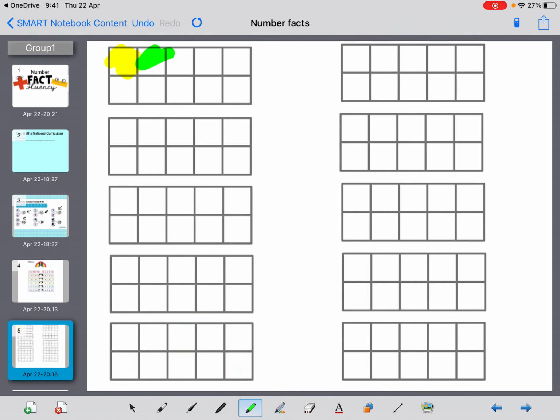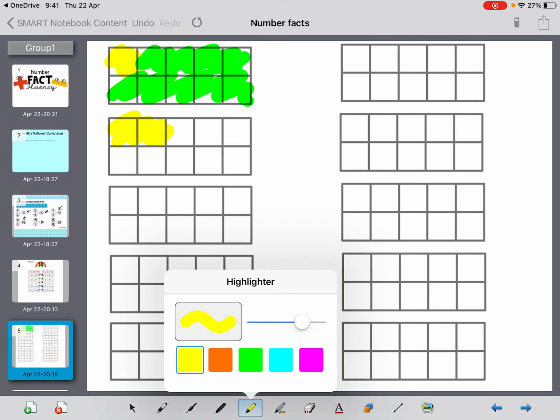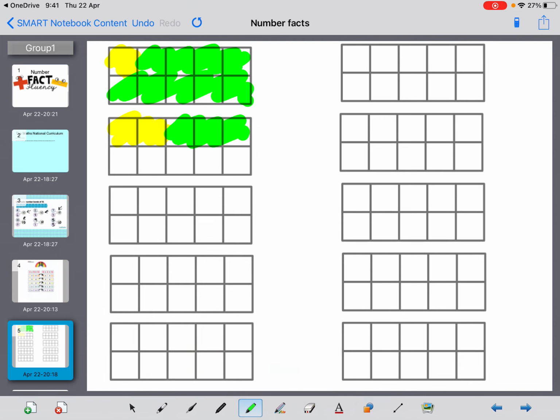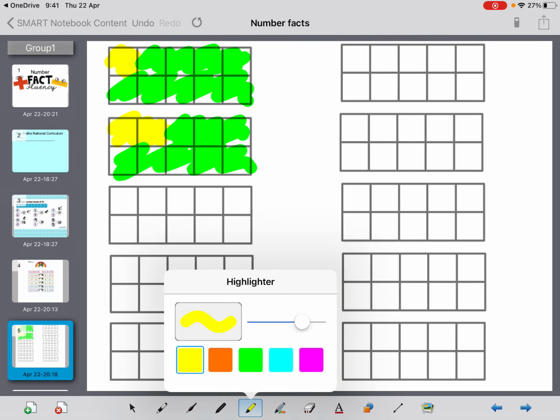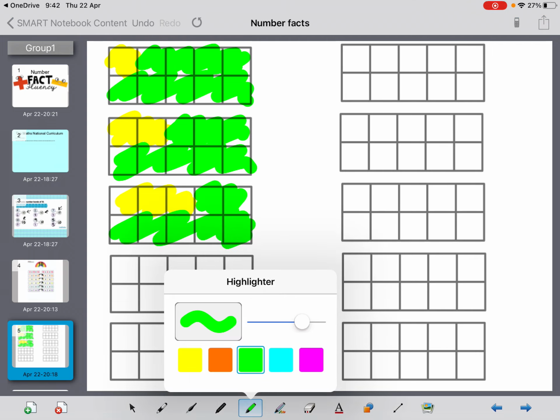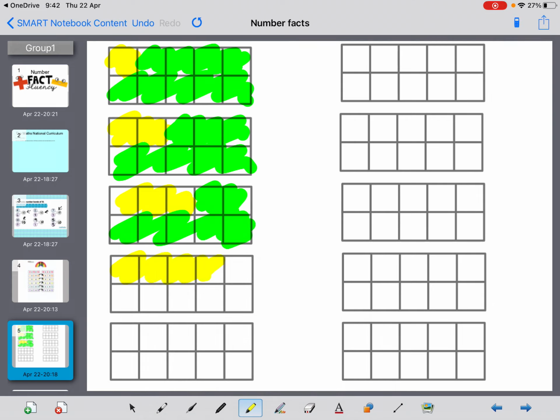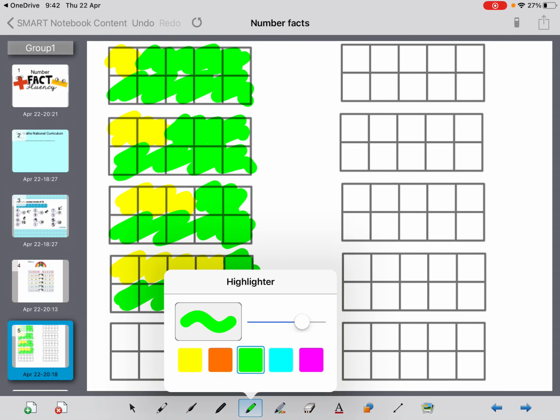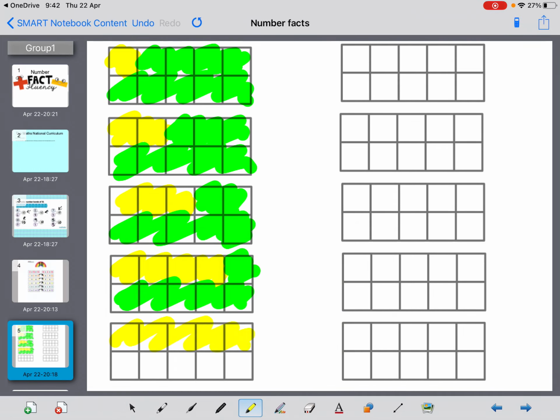So 1 and 9 make 10. 2 yellow and 8 green make 10. 3 yellow and 7 green. 4 yellow and 6 green. 5 yellow and 5 green.